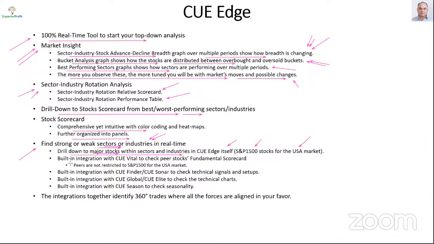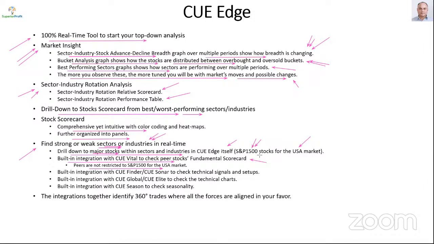And if we want to expand our trading universe, then we may use the integration with QVital to drill down to any liquid stock for the industries of our interest or sectors of our interest. If we use QVital, then peers are not restricted to S&P 1500 for the USA market. Now, S&P 1500 doesn't have all liquid stocks. Some of the stocks are illiquid.